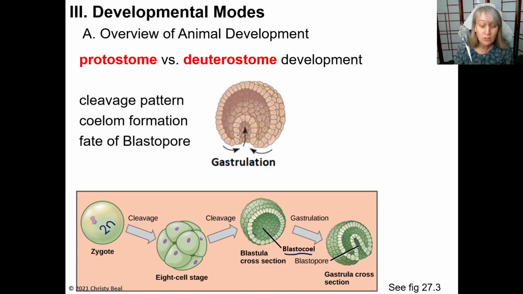When these cells go through gastrulation and they infold and they form this archenteron right here, this primitive gut, archenteron. This is the formation of tissues, the germ layers.